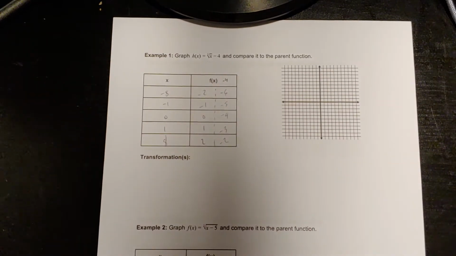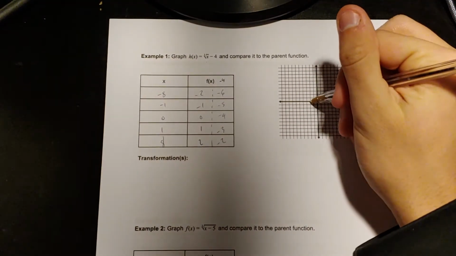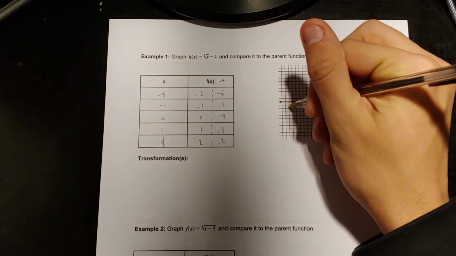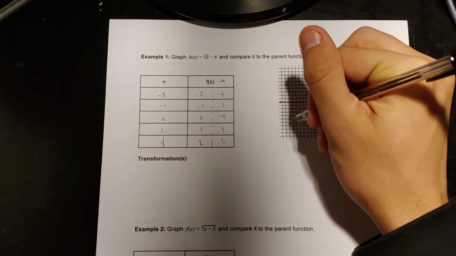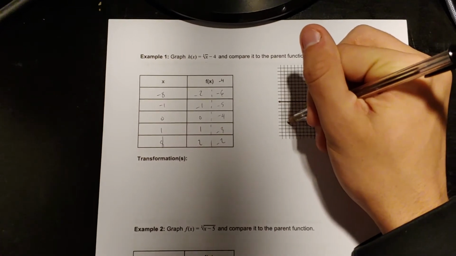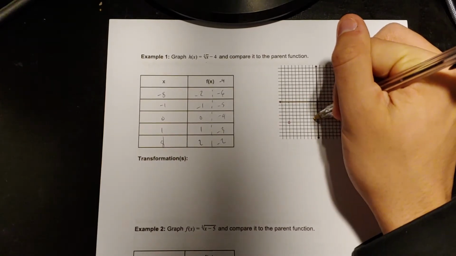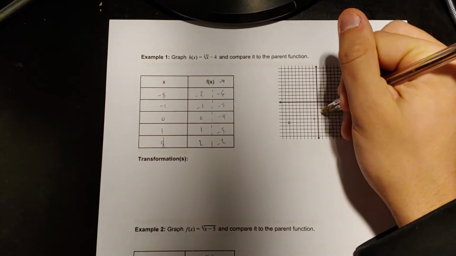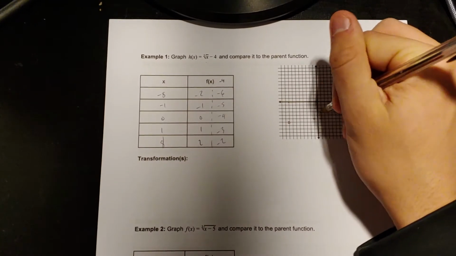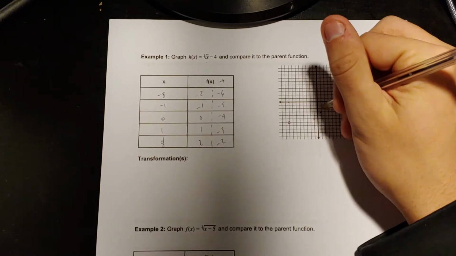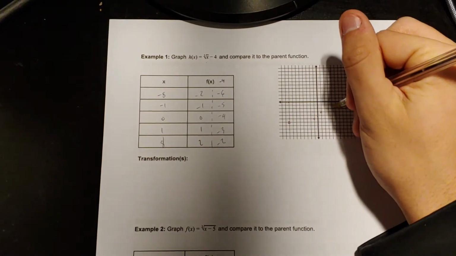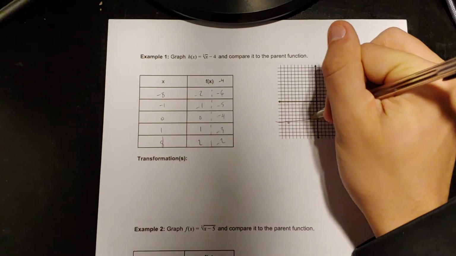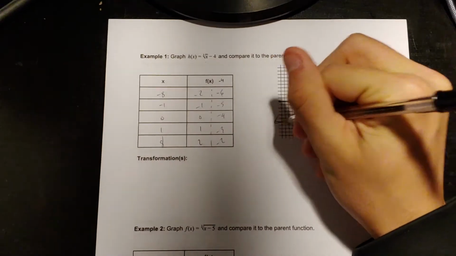Now I can plot these points: -8 goes to -6, -1 goes to -5, 0 goes to -4, 1 goes to -3, and 8 goes to -2.